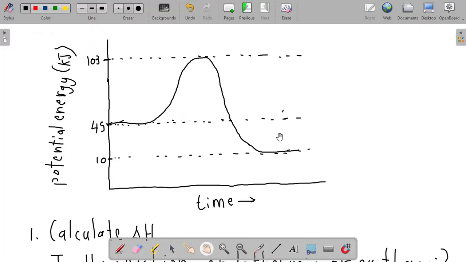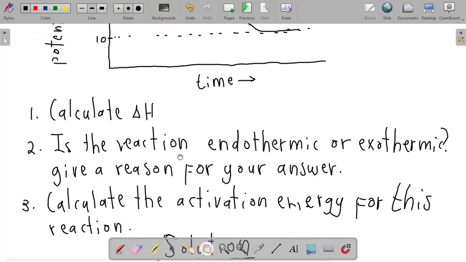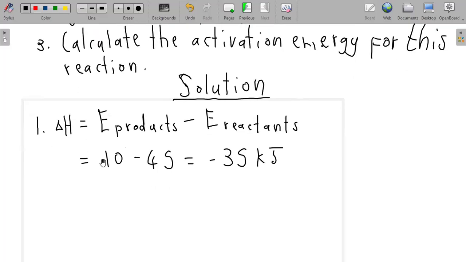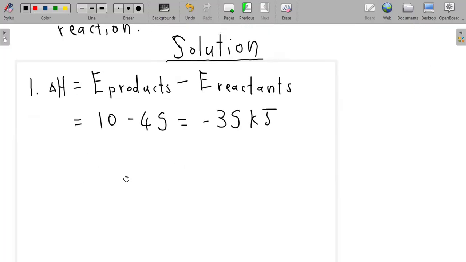So products minus reactants: 10 minus 45, which is equal to negative 35 kilojoules. So that is the enthalpy of the reaction.